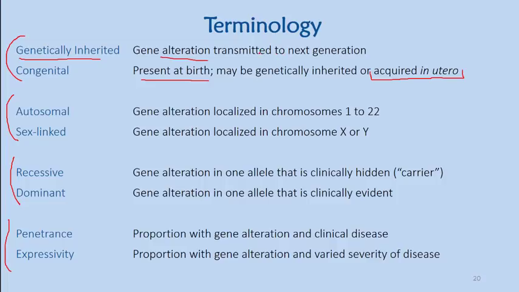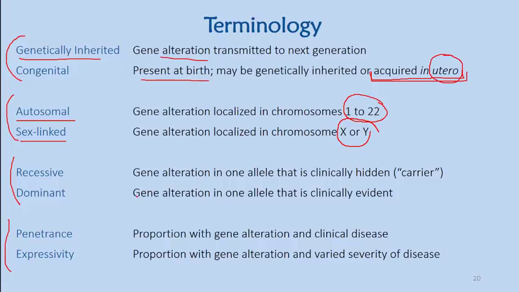So the influence while in utero of some sort of outside factor that gets into the mother and impacts the development of her baby. And so this is much more common to happen early on in the pregnancy when development is happening. Autosomal, these diseases, you should know, are going to affect chromosomes 1 through 22, whereas sex-linked diseases are going to affect chromosome X or Y.